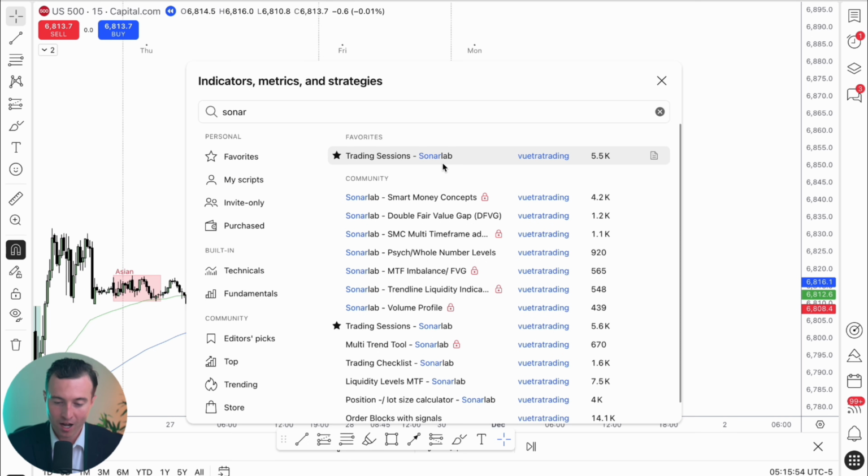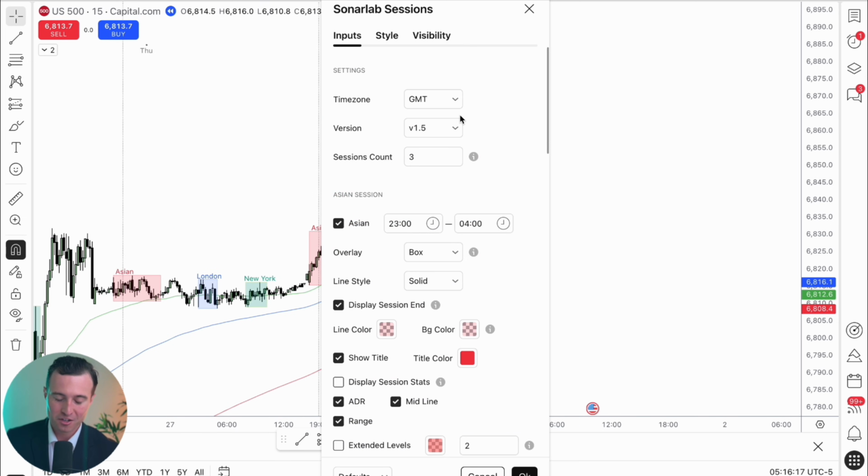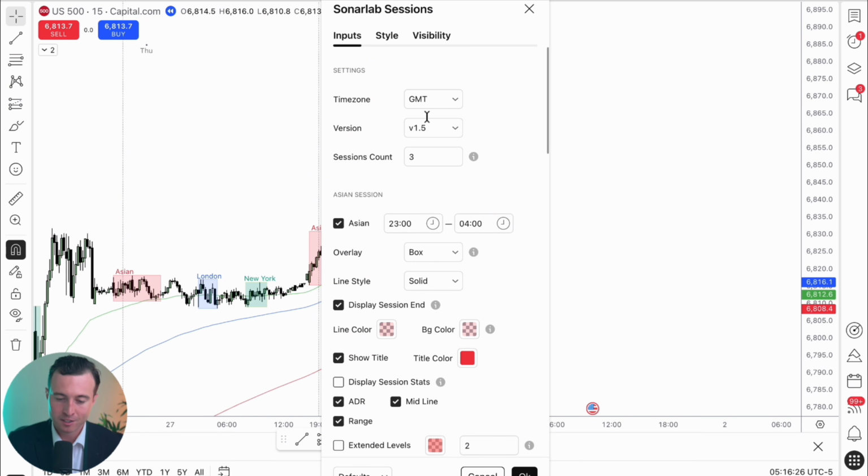Sonar Lab. It's this indicator right here by ViewTrading. Apply that to your chart, and again, double click the indicator. The correct kill zone timings are to set your time zone to GMT.